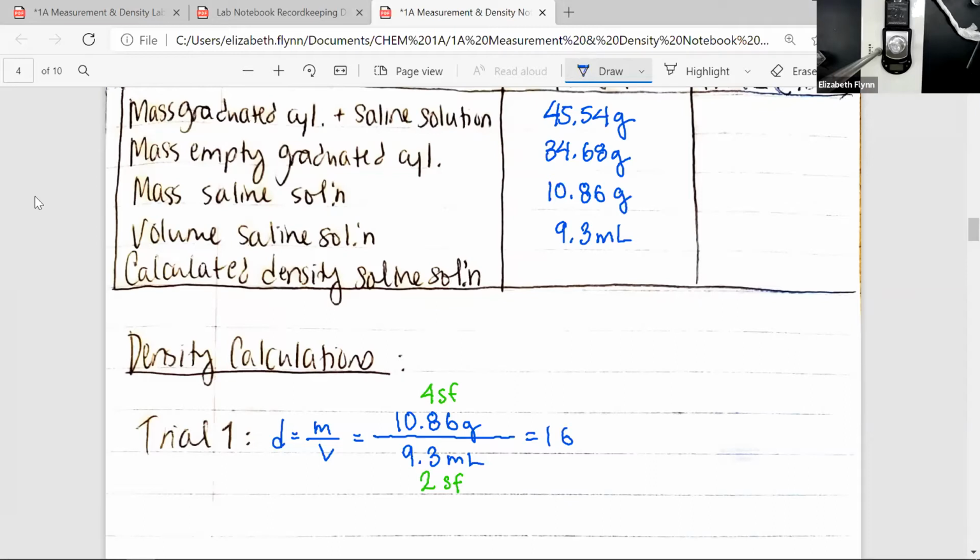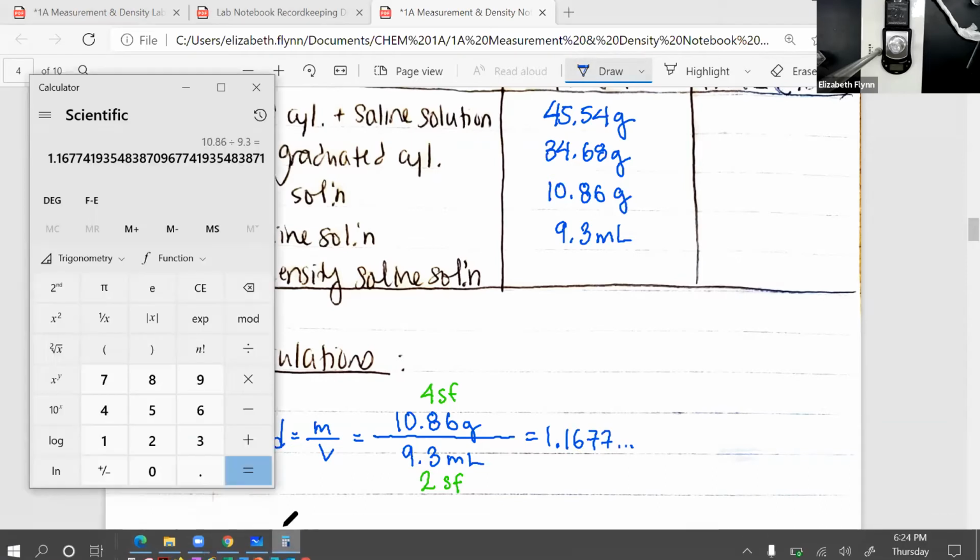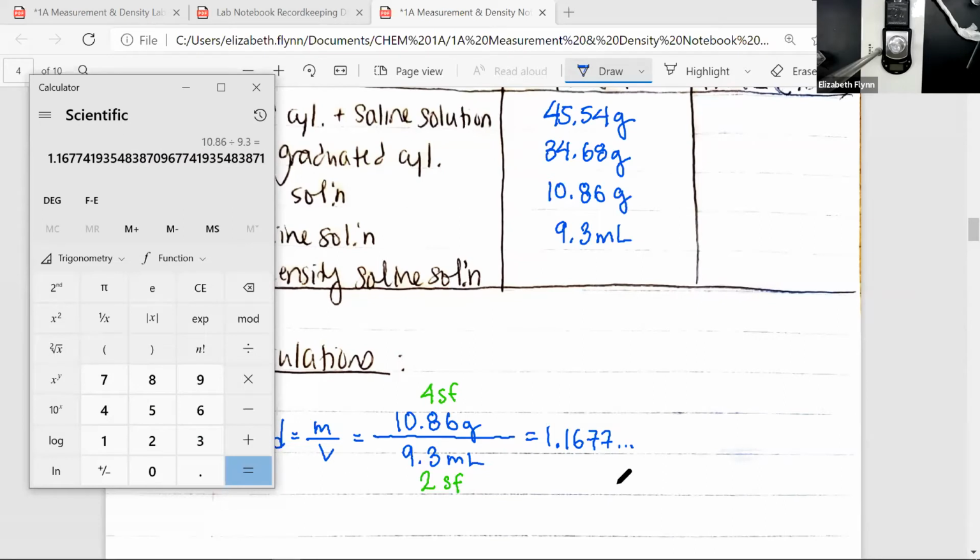Oh, wait, let me see. 1.16, right? 1.1677. Let's make sure. Right. And now we need to round because it's division to the fewest significant figures. So 2 sig figs.